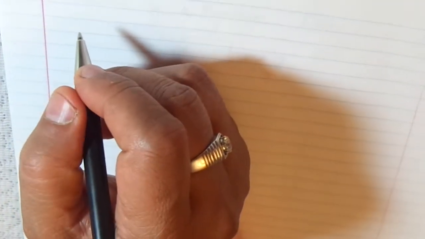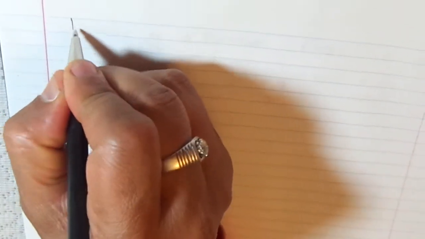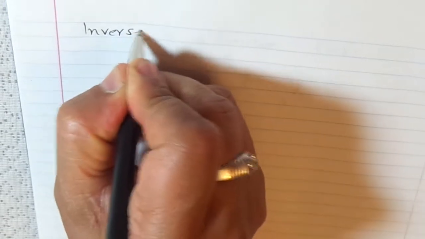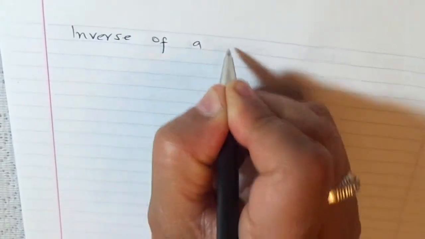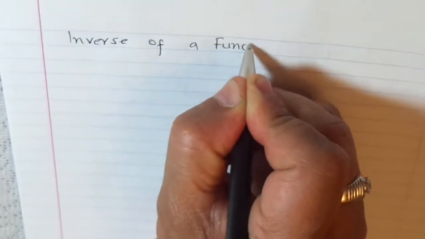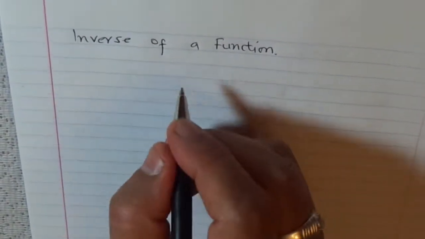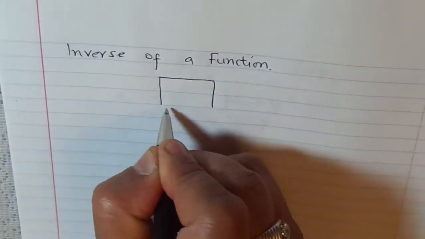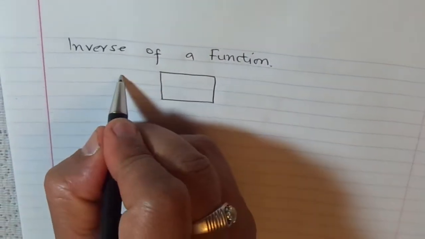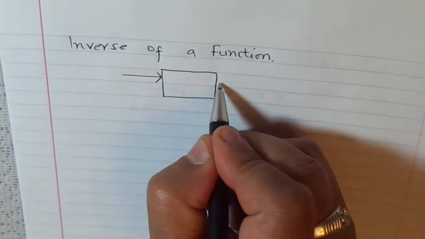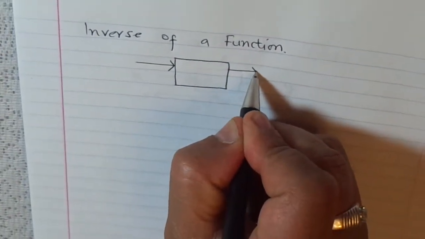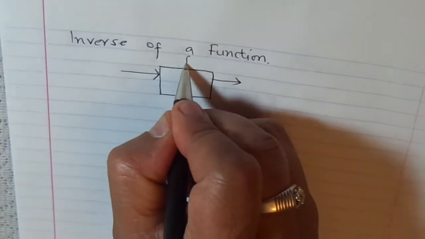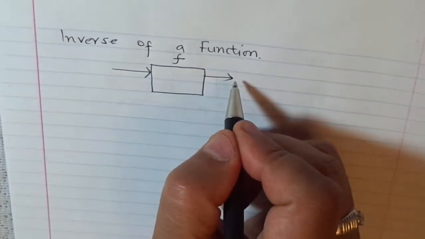Let's try to understand the inverse of a function. As you know, a function performs an operation on the input to give you a specific output. Let's say this is a machine which performs this operation.